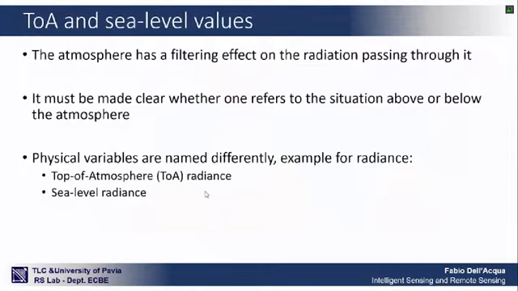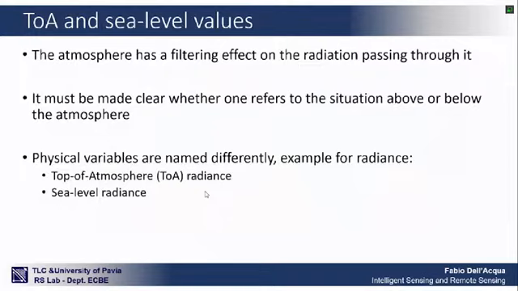Okay, this is a very important concept because the difference may be substantial, especially if I have a situation with fog or mist or phenomena like that, where the atmosphere interacts heavily with the reflected radiation.